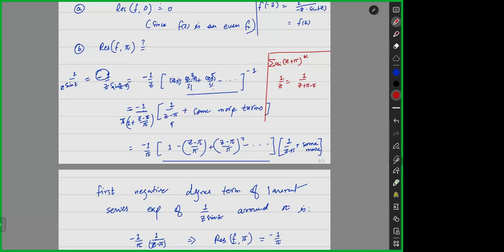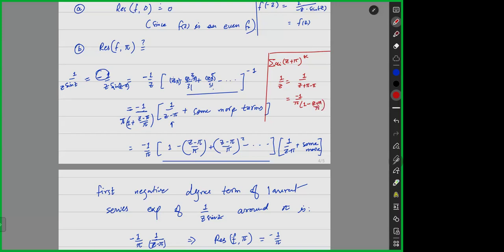Okay, and you take minus pi common, so minus 1 by pi is written here, and it becomes 1 minus z plus pi divided by pi, and so on.